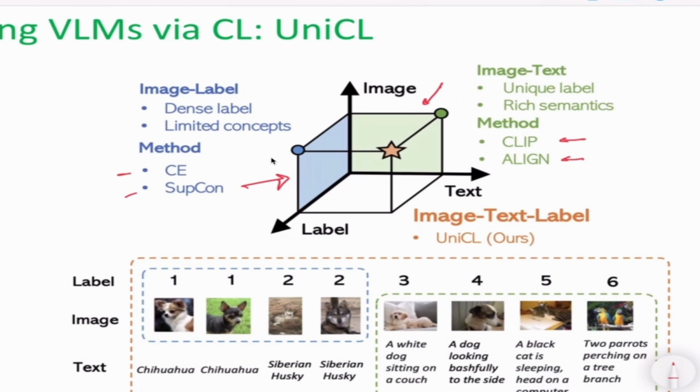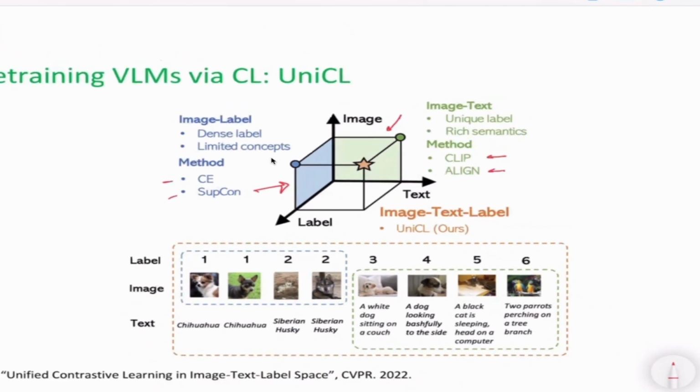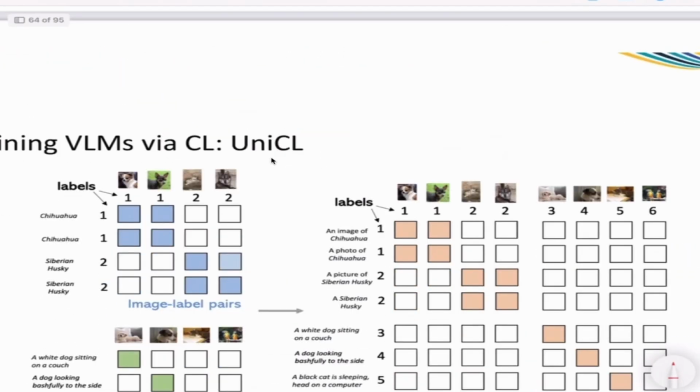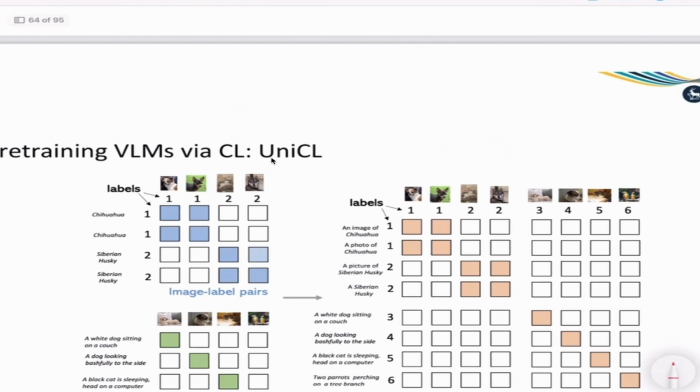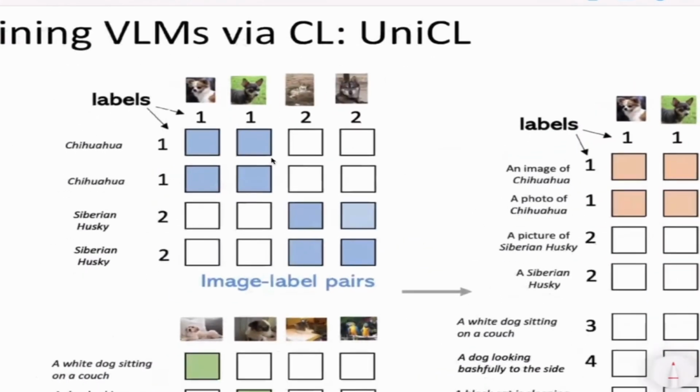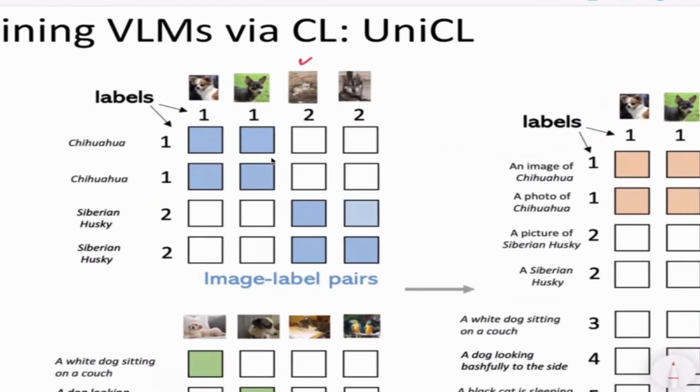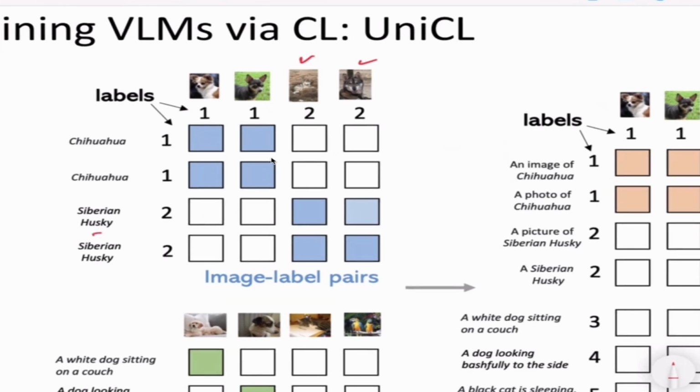So what they wanted to do is combine both of them. They want to use the supervision from a single label, and they want to use the supervision from the rich text as well. So the idea is simple. And actually, if you think about it, it's very straightforward. So, for example, this is the image label space. You have images of the husky dog, and these represent those corresponding images.